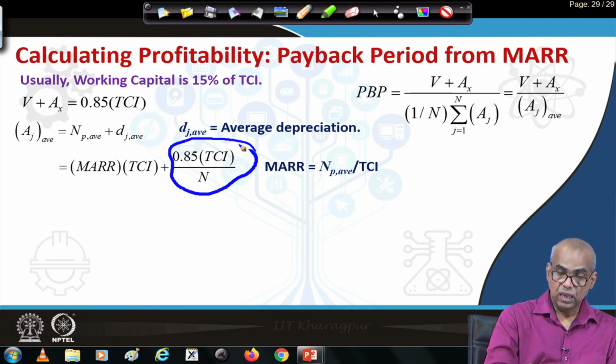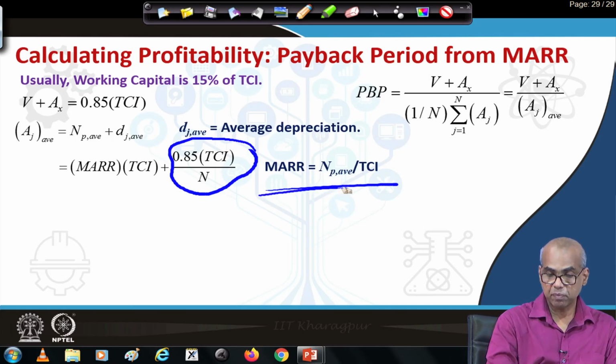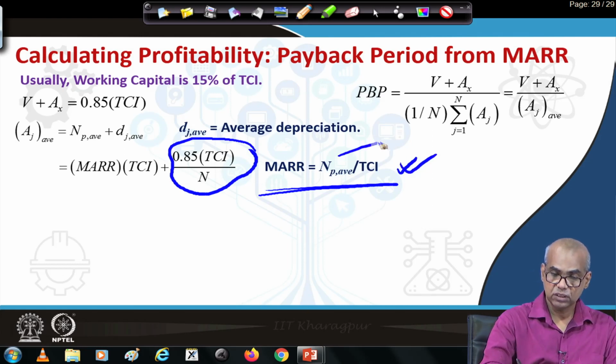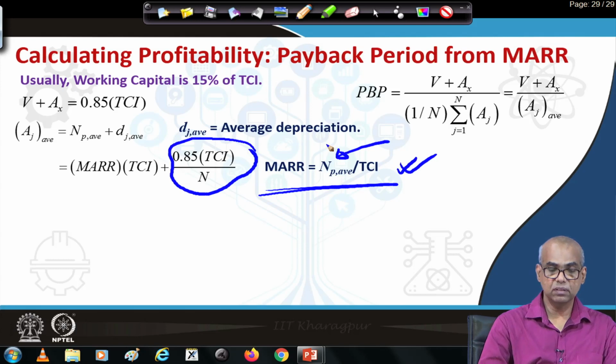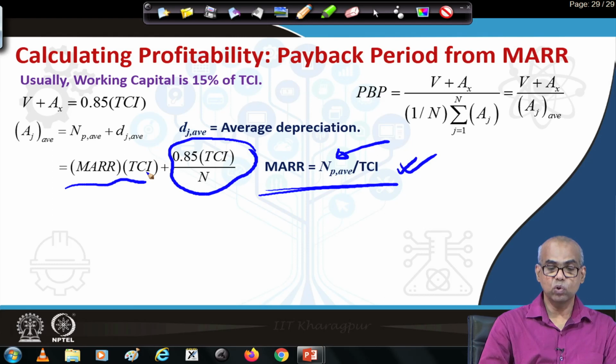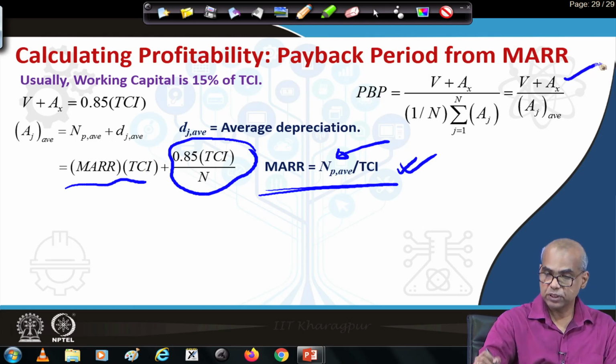Now, according to the chosen minimum acceptable rate of return, we can write minimum acceptable return equal to average annual profit divided by total capital investment. So, this gives me the average annual profit as minimum acceptable rate of return multiplied by total capital investment. So, I have an expression for the numerator as well as for the denominator.